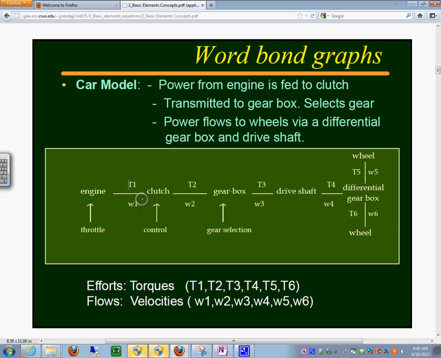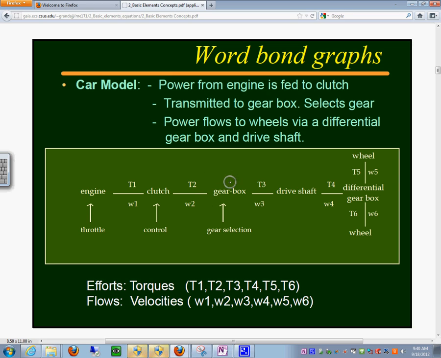Between the gearbox and the engine there is the clutch. The clutch has a control system because it is basically a switch. It's either connected with the engine or disconnected. So we modeled this as a switch. Again, the power variables are torque and angular velocity.